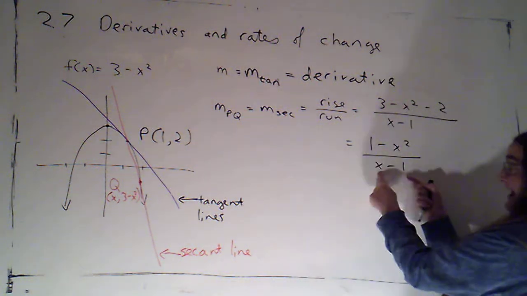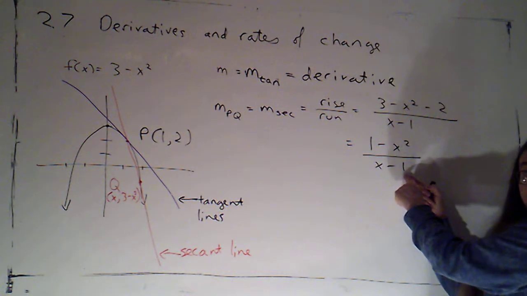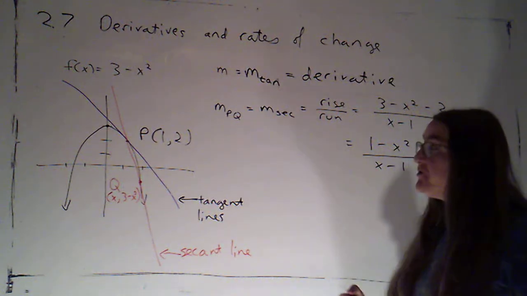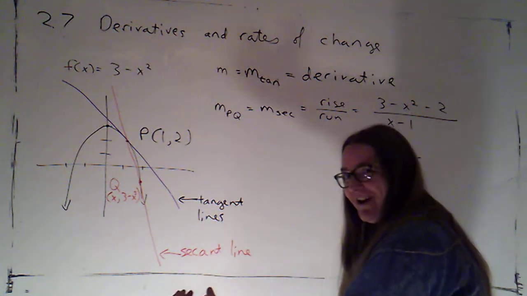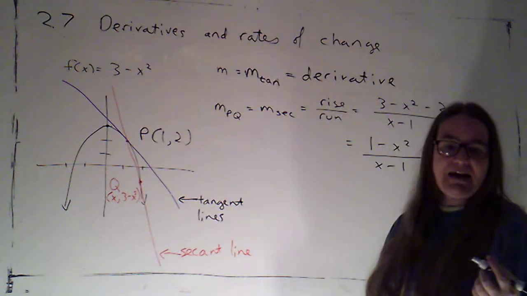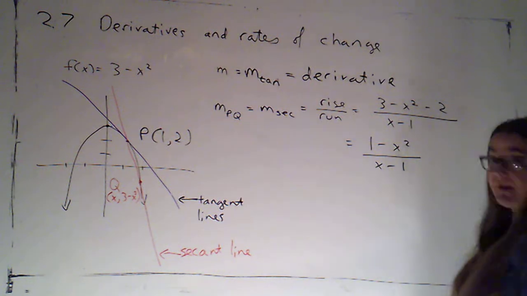Algebraically, I can see x can't be 1, because then I would have a 0 in the denominator. So what we wanted to do was say, what number do the slopes approach as q gets arbitrarily close to P? And so that's where we get this notion of a limit.